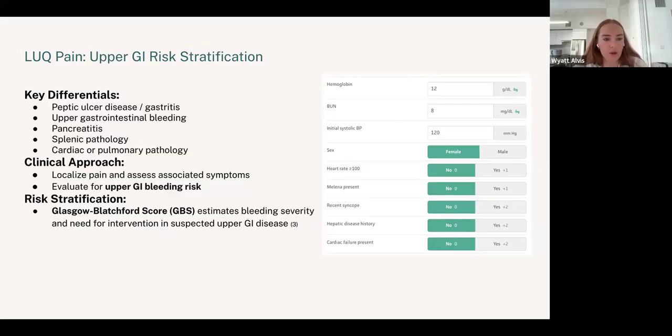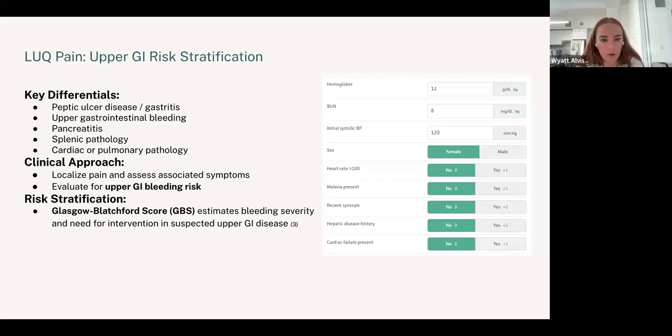And then even referred cardiopulmonary diseases as well. From a clinical standpoint, we'd want to evaluate for features of upper GI pathology like hematemesis, any hemodynamic instability, syncope, anemia shown on labs, or things like elevated BUN, creatinine, and liver values as well.